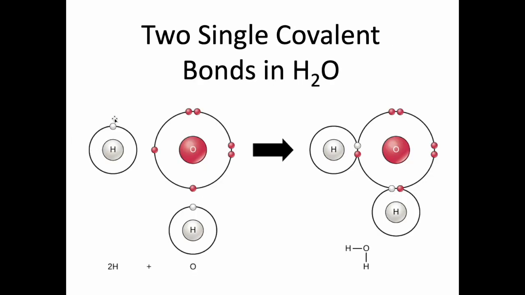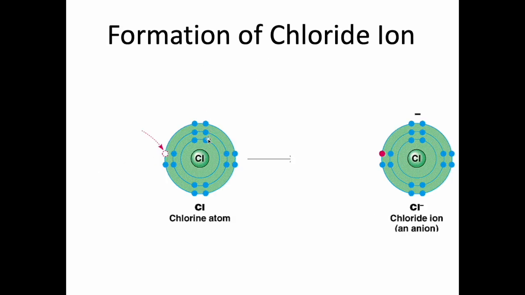And yes, it could try to form a single covalent bond with something like hydrogen to get to 18, but in such a big, bulky element, it's much easier for it to just get that 18th electron permanently. So this results in what is called a chloride ion. It's got 18 electrons, but again, it's unbalanced. Now it has 1 more electron than proton, so it has a negative charge. Remember, electrons are negatively charged.